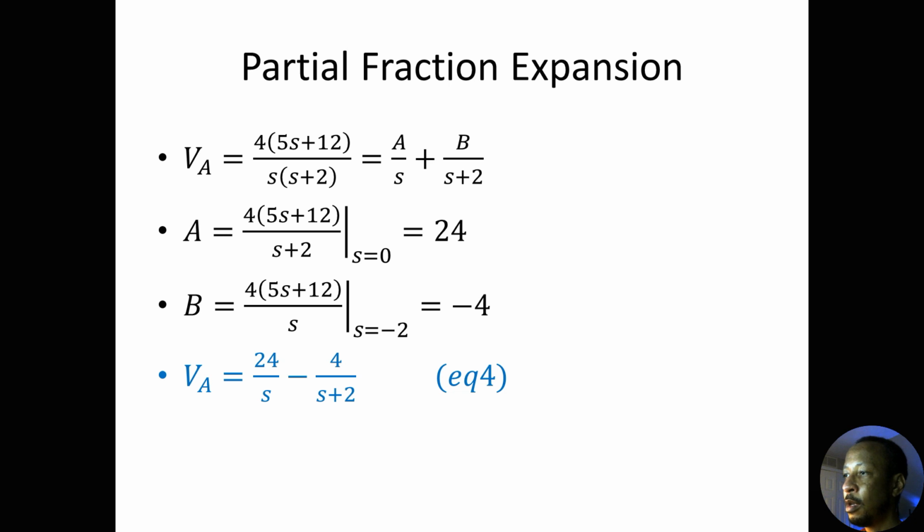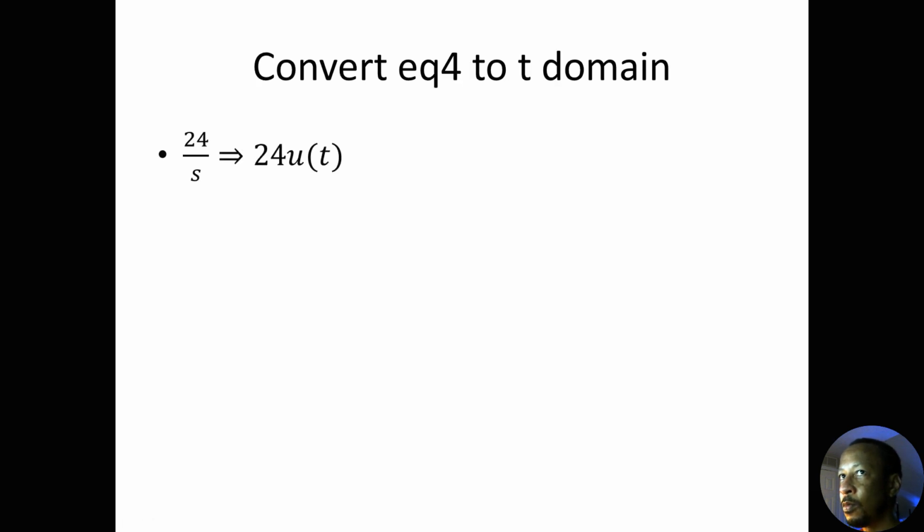But they do list the transform pairs that you will use most typically. When you look that up on your table, you get 24 over S, and in the T domain that transforms to 24 times U of T. Remember, U of T is just a unit step function that says this is when things start.